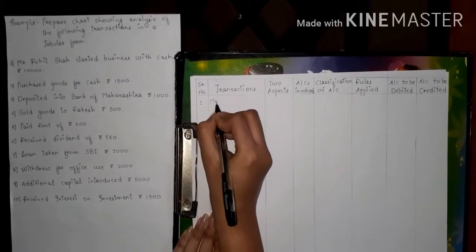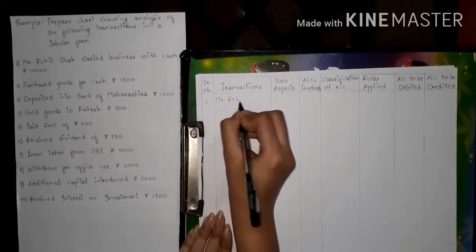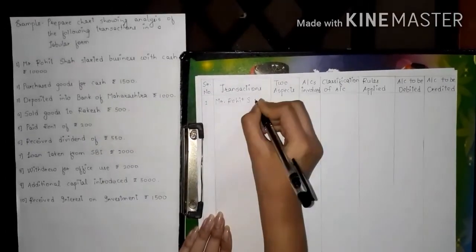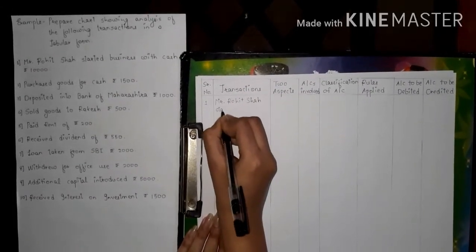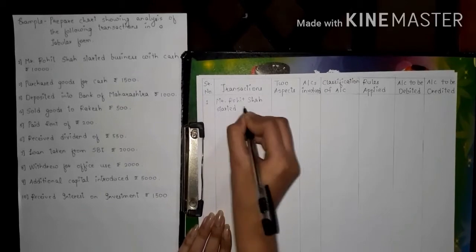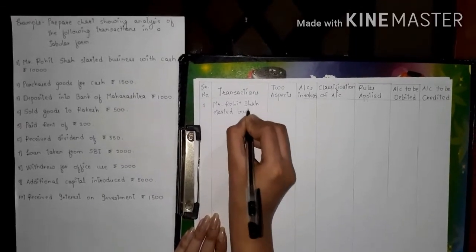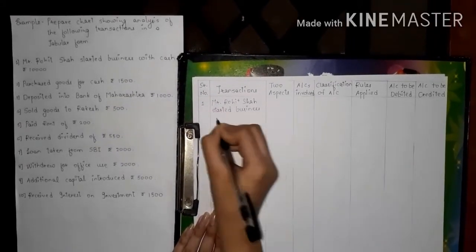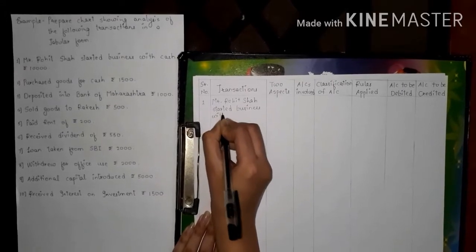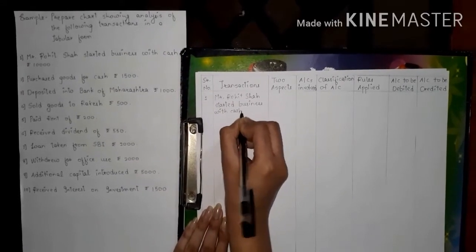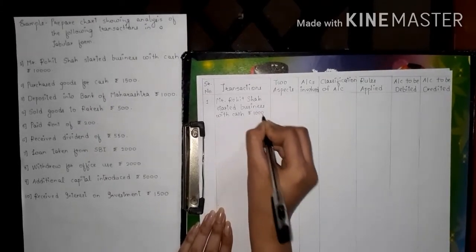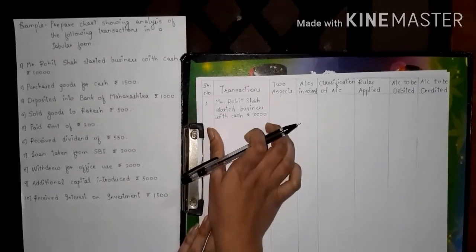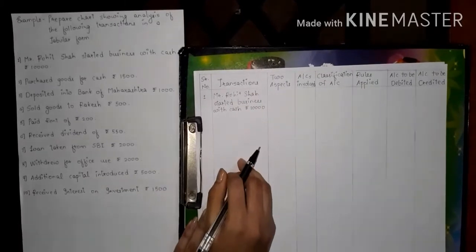Mr. Rohit Shah started business with cash rupees 10,000. Okay, this is how you have to write down the transaction which you are solving.